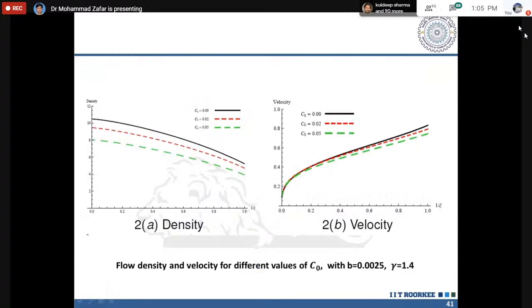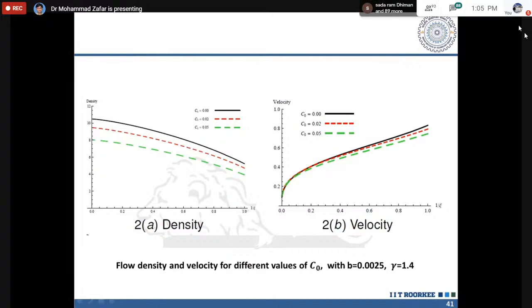Next slide, please. The last 4 graphs we have shown for different values of B. In the next 4 graphs, we will show different values of C naught, the shock coupling number. We want to see the effects of C naught on the wave profiles for a fixed value of B and gamma. Here also the same trend is there.